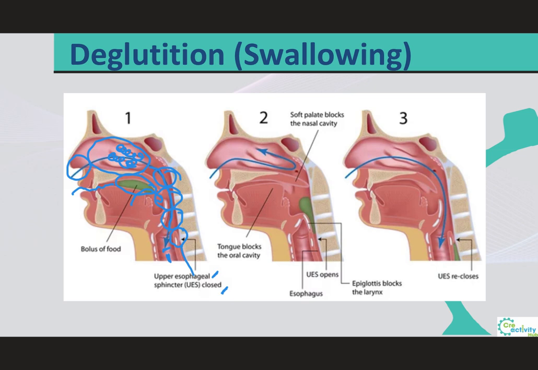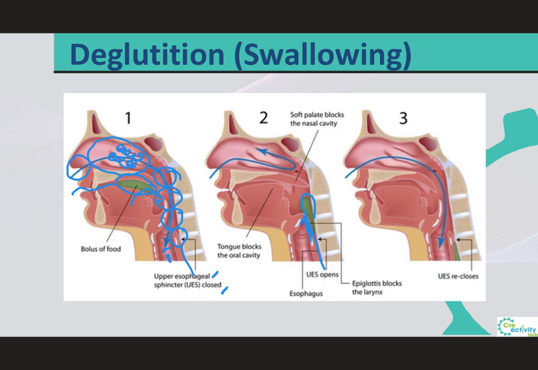Now, the laryngeal movement folds the epiglottis once you're trying to swallow the bolus. And the pharyngeal muscles will push the bolus into the esophagus. And when they do this, they will force the epiglottis to actually come down and block the trachea.